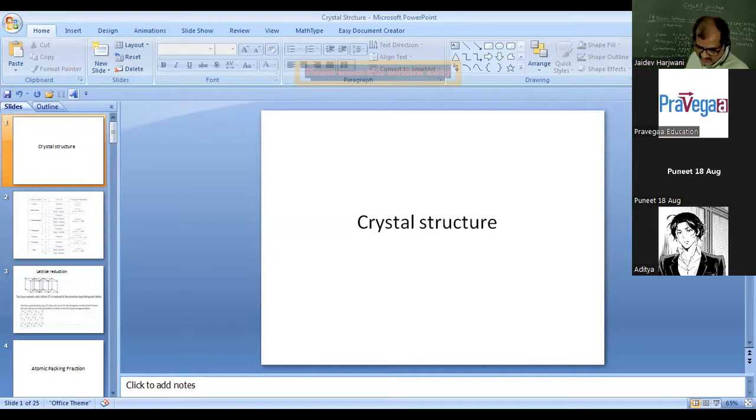Because if you see this middle atom and we combine this, we can make a tetragonal lattice.